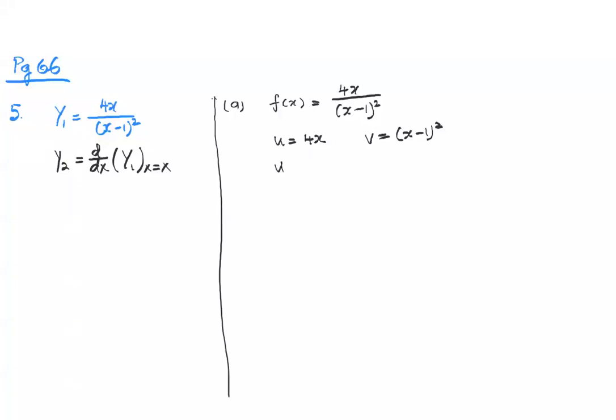So U prime is 4. V prime, follow chain rule. Power take away 1 times by the derivative of whatever in the bracket. So this is 2x minus 1. Okay? So we sub into the formula.